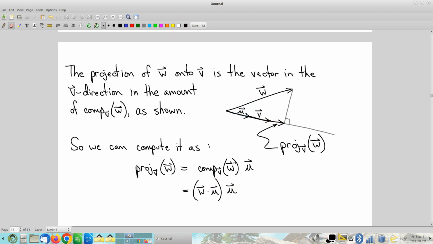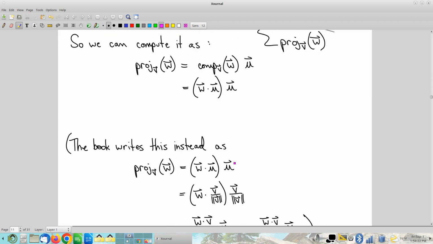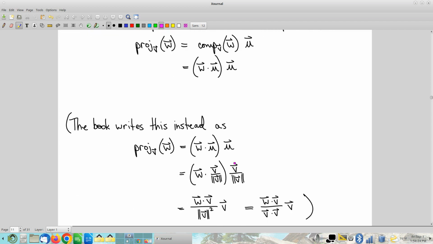Okay. All right. Now, the book has a different formula. It's morally equivalent, but it's a little bit different. The book points out that, hey, we have a formula for that unit vector. Right? The unit vector is v divided by the magnitude of v. Rewrite like so.